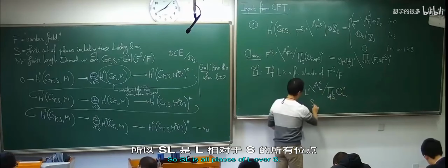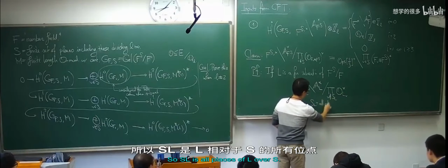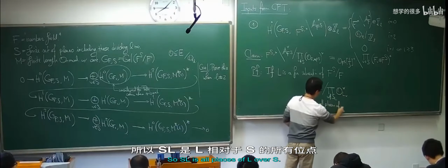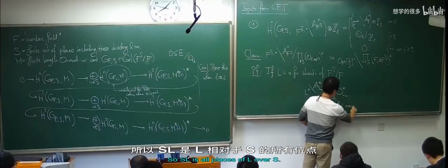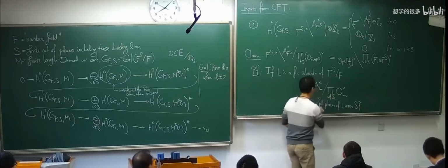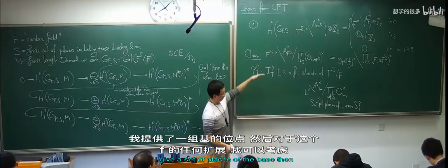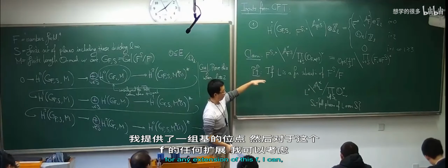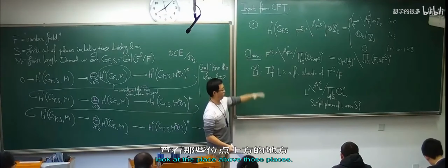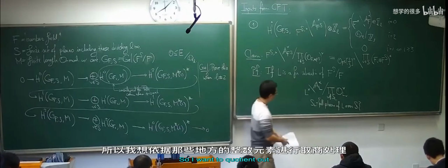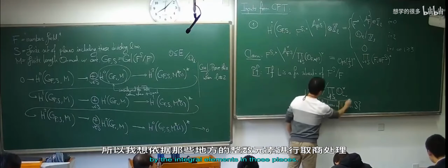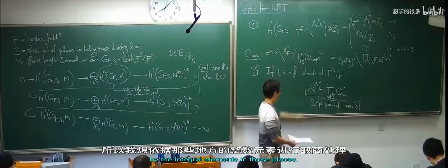So S_L is all places of L over S. I give a set of places of the base F, then for any extension of this F, I can look at the places above those places. So I want to quotient out by the integral elements in those places.